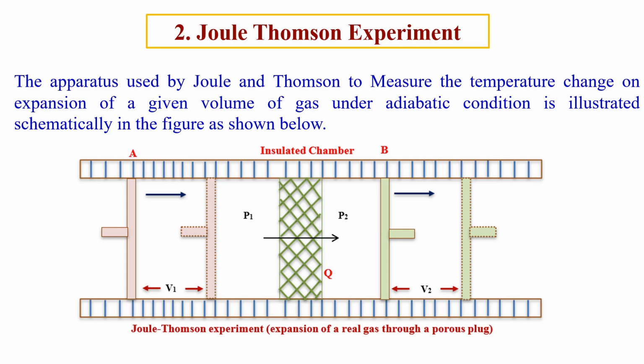Now, let us understand the Joule-Thomson effect from the Joule-Thomson experiment in detail. The apparatus used by Joule and Thomson to measure the temperature change on an expansion of a given volume of gas under adiabatic condition is illustrated schematically in the figure shown below.